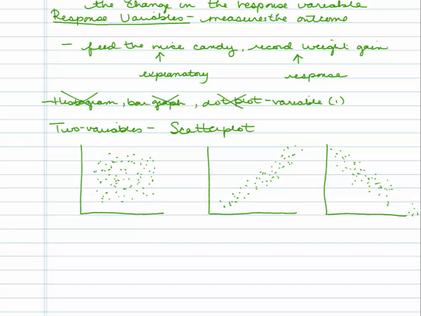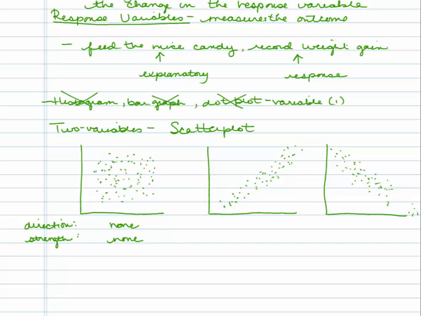When we look at these, we're going to be talking about the direction, typically, and the strength. So for this one, there's really no direction, and it's not very strong.